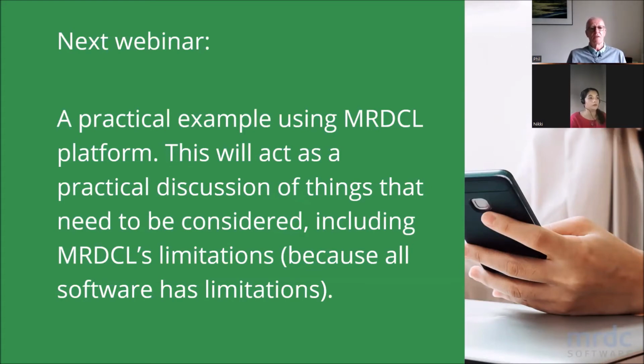We'll be looking at the process of moving data about with a quite simple practical example, and I'll be discussing the issues you might want to consider when moving that data about. So it's not so much a demonstration of our software, but talking about and seeing data move through it, to talk about the issues that come up.